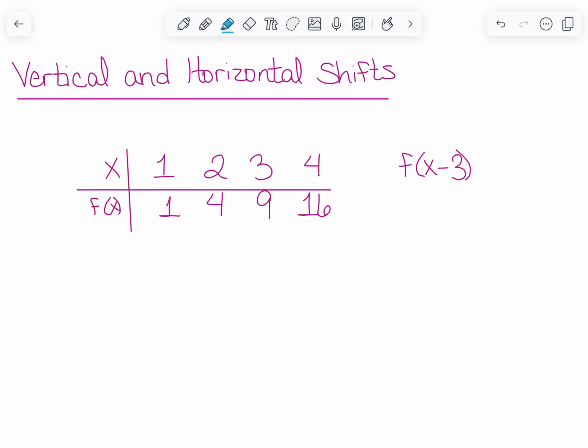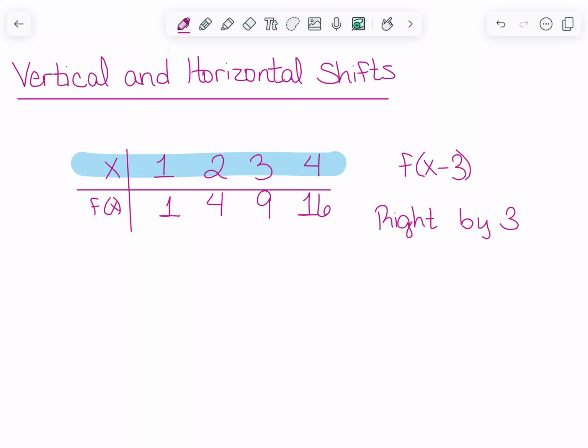As an example, let's consider this function given by this table, and we want to know the table of the function given by f of x minus 3. First, we need to identify our input row or column, in this case, the first row, and the direction and the magnitude of the shift. Since we are subtracting 3, and horizontal shifts are opposite of what we expect, we're going to be moving to the right by 3.